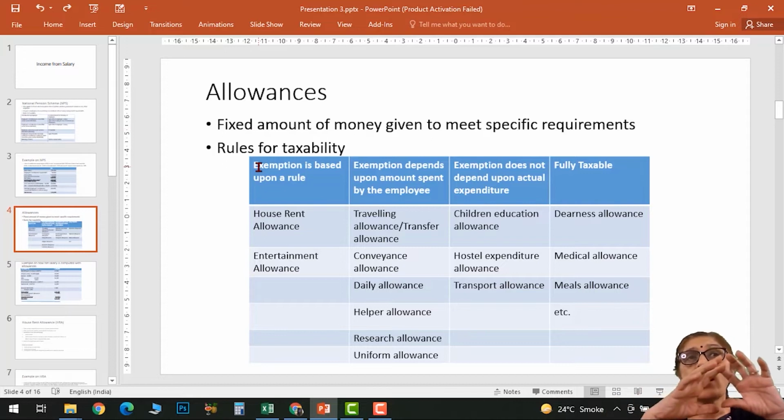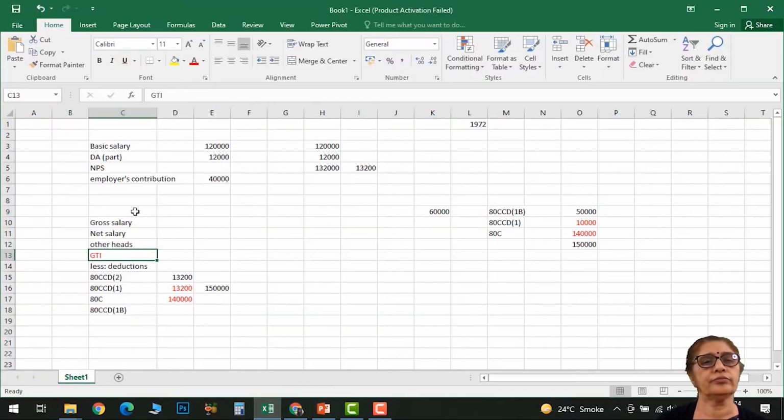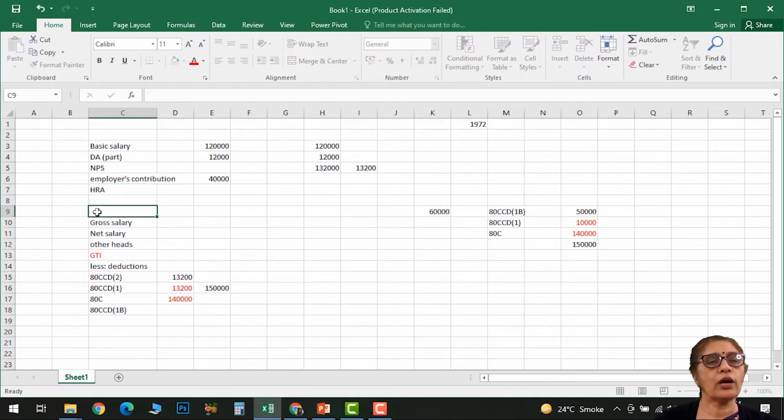Everywhere we need to consider that. Now, for the purpose of understanding, we can cover allowances under different categories. To find out the amount of allowance exempt, same rule, same method as we have been doing earlier. We have, let's say, HRA, house rent allowance. We also have education allowance.